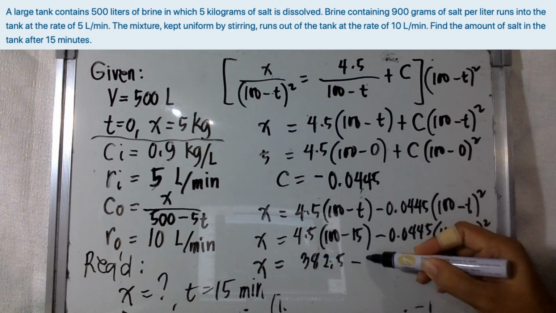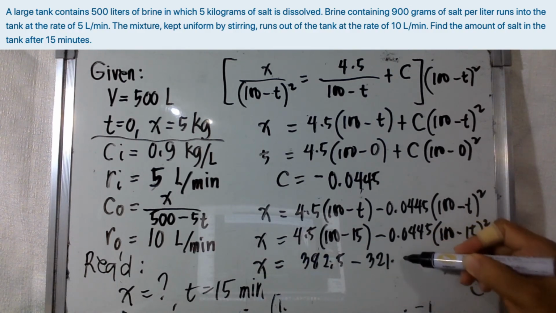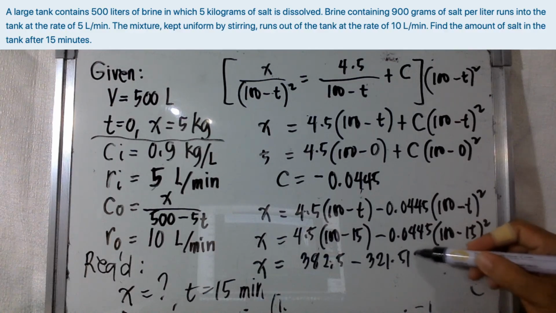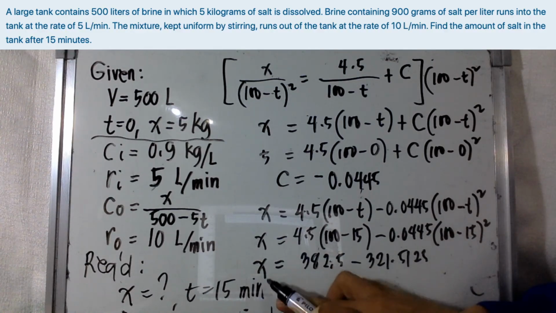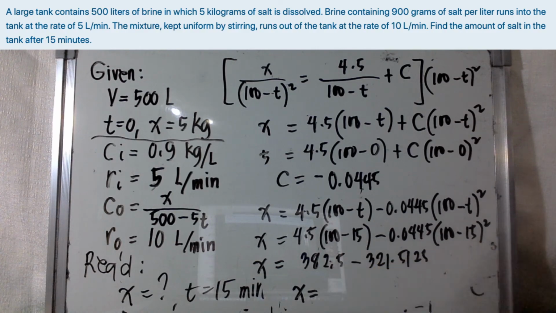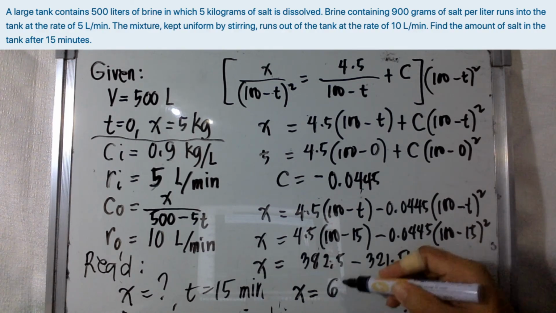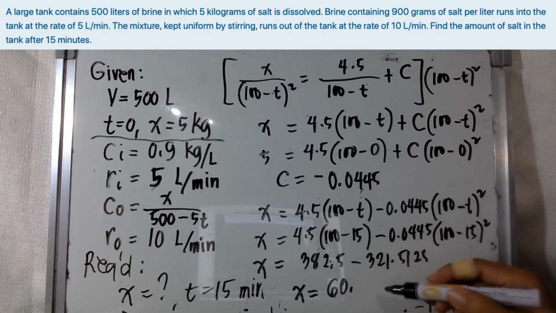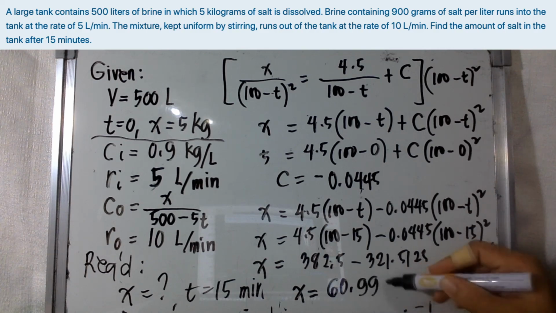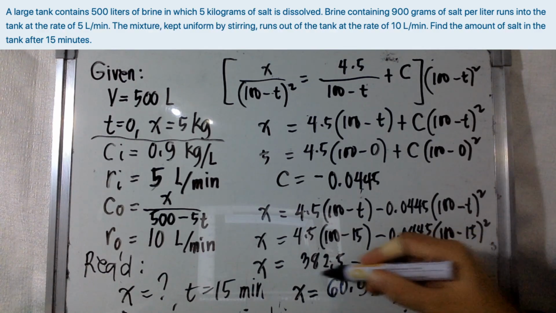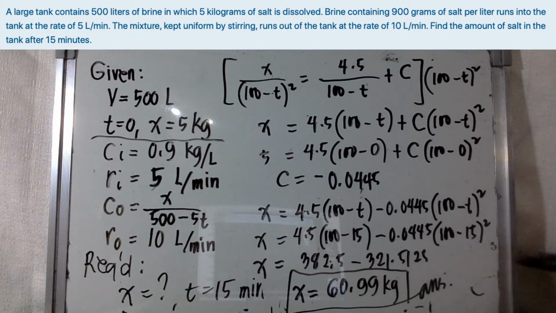So we have 321.5125. Therefore the value of x is 382.5 minus the second term, which gives 60.99 kilograms. Okay, so that's the solution for this problem, and this is the final answer, 60.99 kilograms.